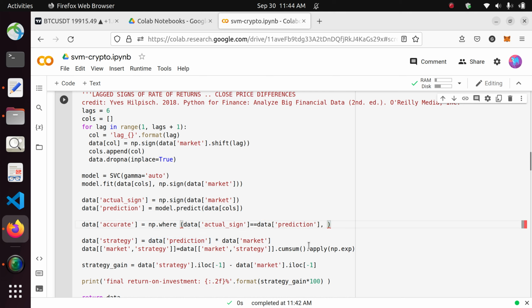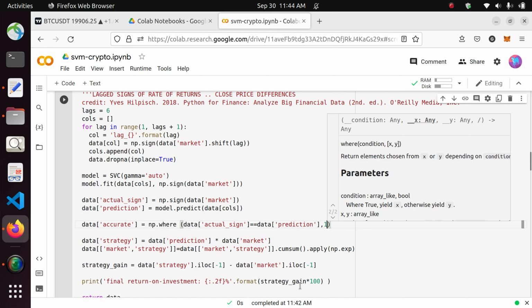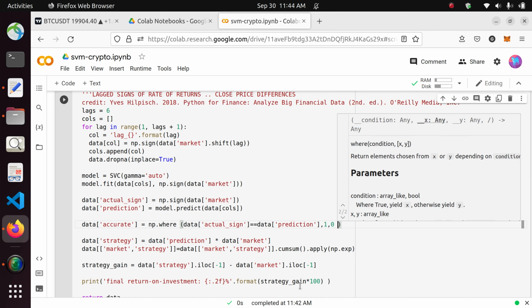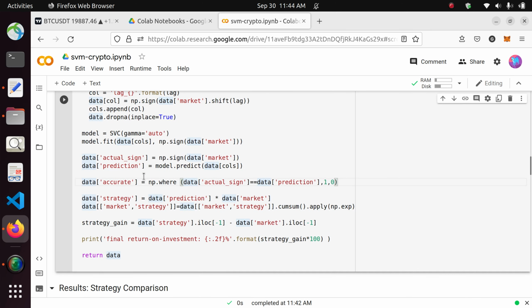If that's the case, we get a 1, and if we don't, we get a 0. So that's accuracy, true or false.